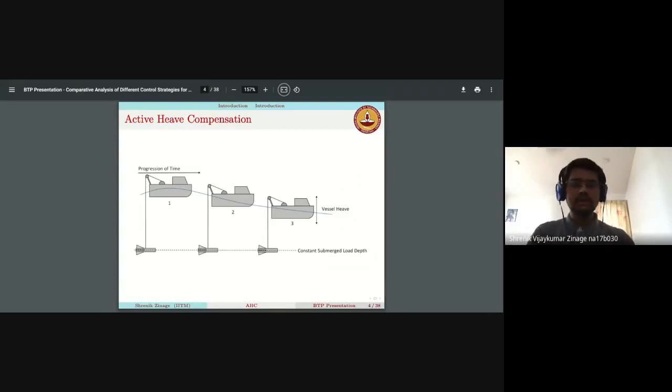It's like saying that if the ship heaves by some z amount upwards, the primary objective of the heave compensation system is to reel down the length by that much amount so that the submerged load depth over here is maintained constant.